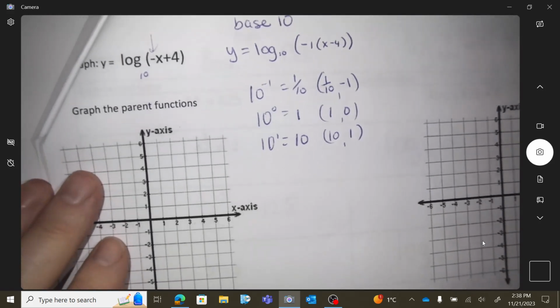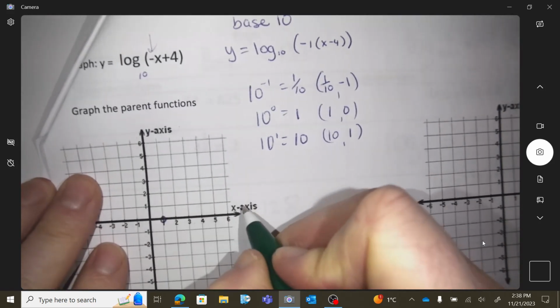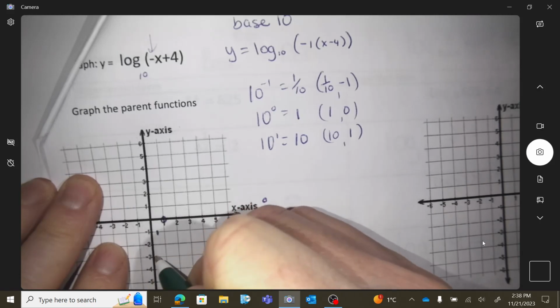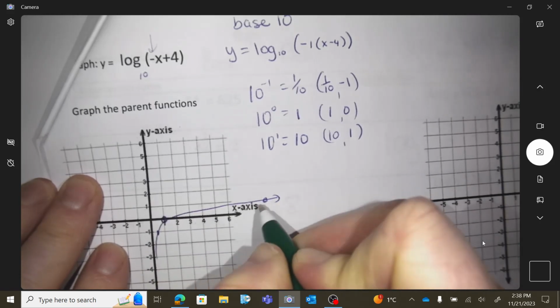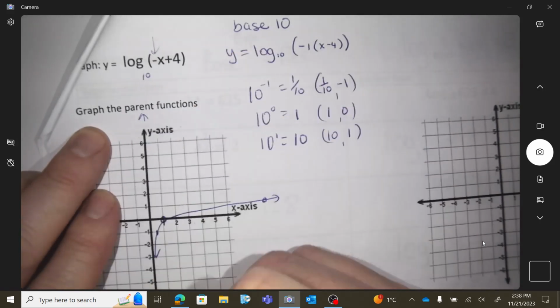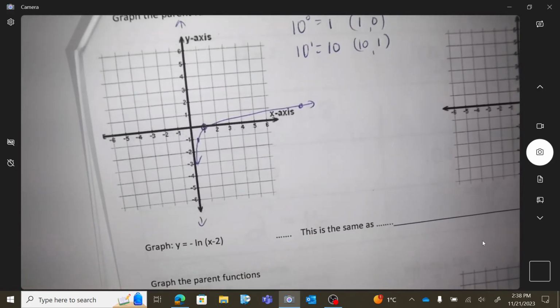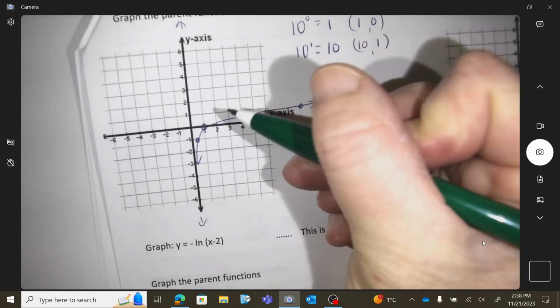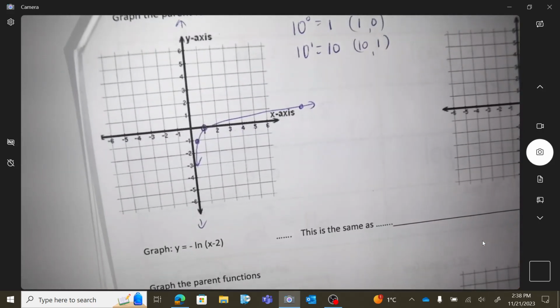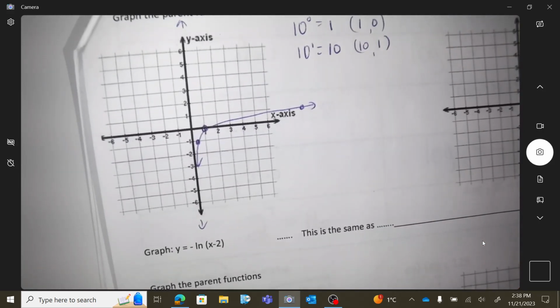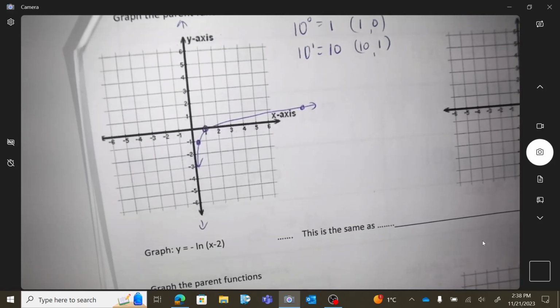Okay, so a super quick snapshot of what that graph would look like is that. Okay, so that's a log graph. Log graphs make that shape.